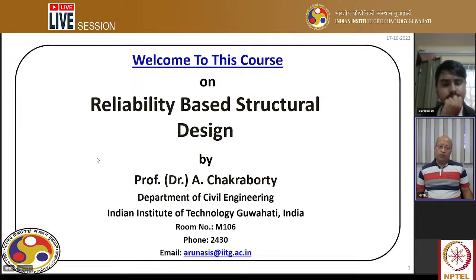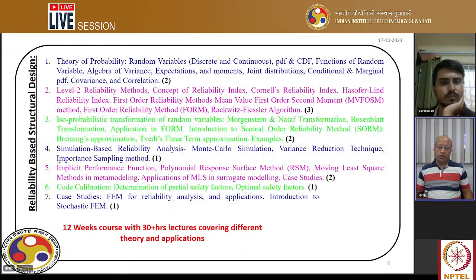Now, when we bridge this gap and we get the design which is based on the theory of probability, that's where we end up with the reliability-based design. So this was basically the entire syllabus, because this course primarily deals with uncertainty and its quantification. Obviously, we have to use the theory of probability, and that's the starting point. So a significant part of our discussion is aimed towards that development.